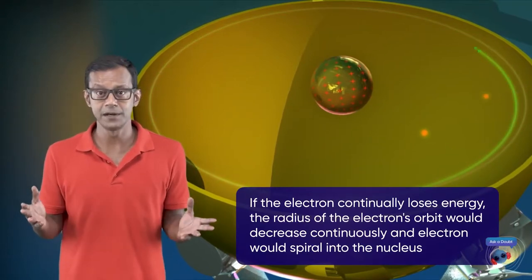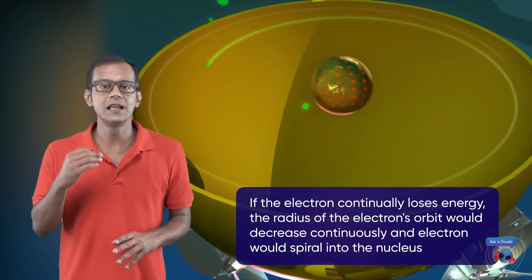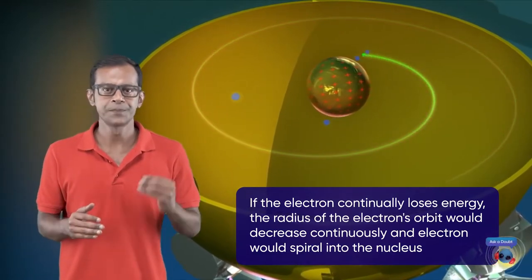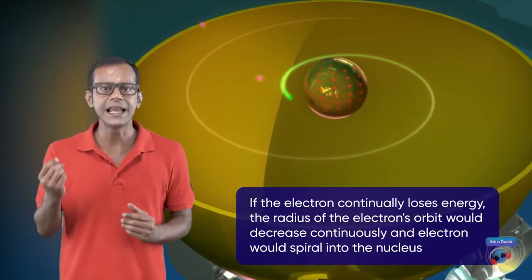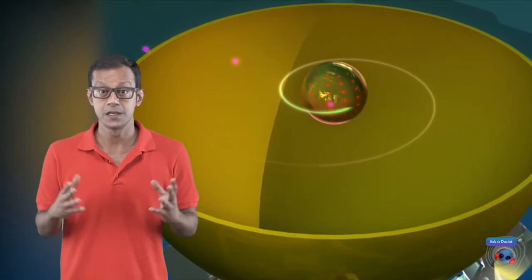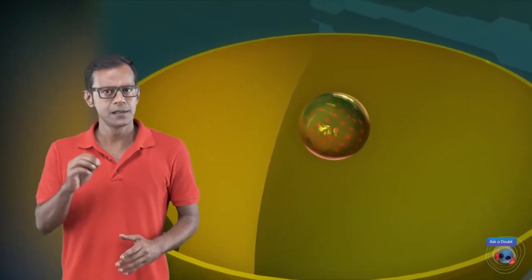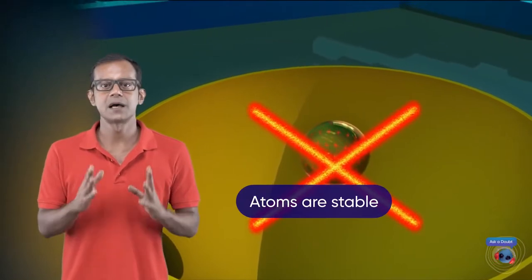If this happened, the radius of the electron's orbit would decrease continuously and it would spiral into the nucleus. This would make the atom unstable. But this is contrary to the fact that the majority of atoms are stable.